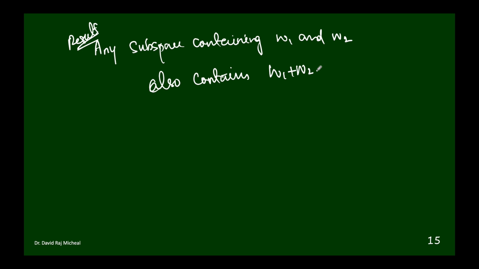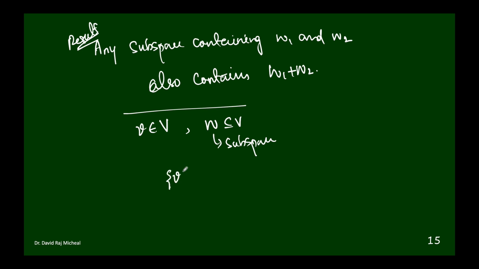I can define subspaces using one more notation as well. Suppose you see a vector v in a vector space V, then you take one subspace W of V. Now look into the set v plus W, similar to the addition definition only.